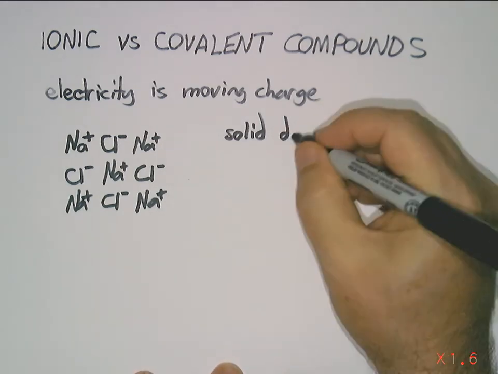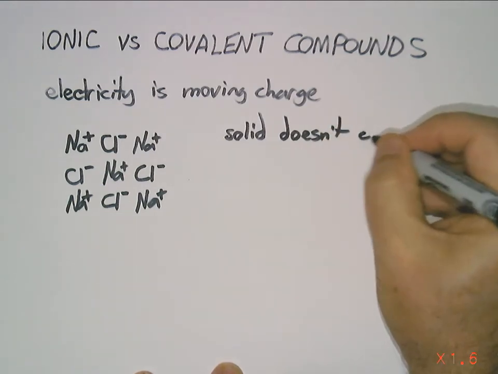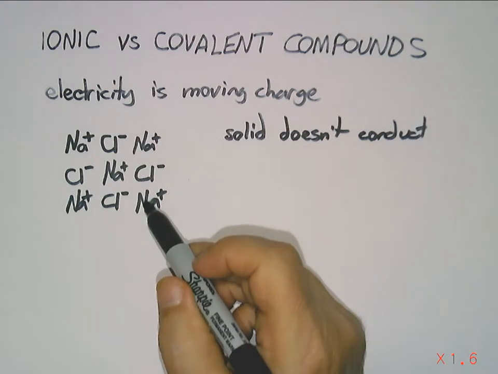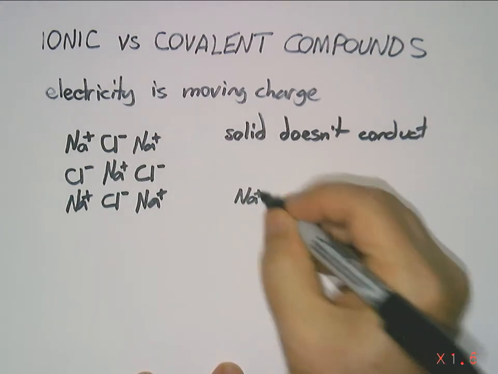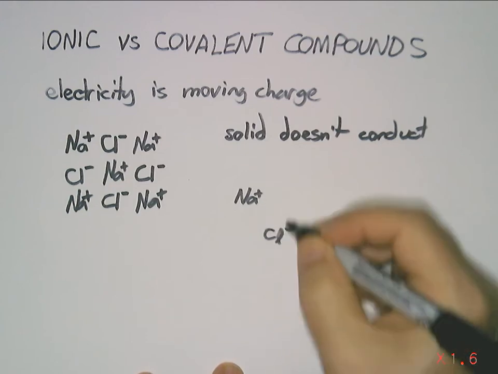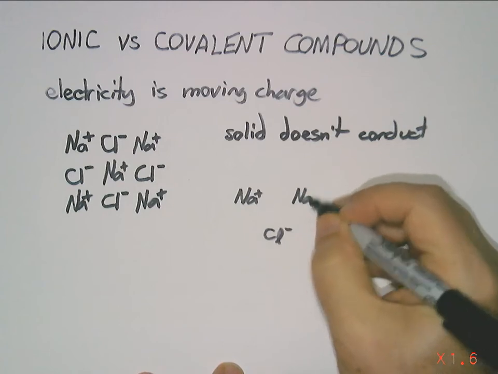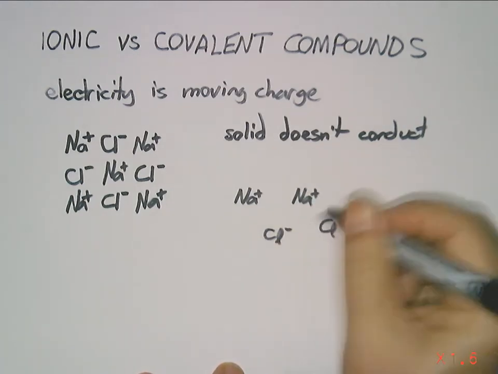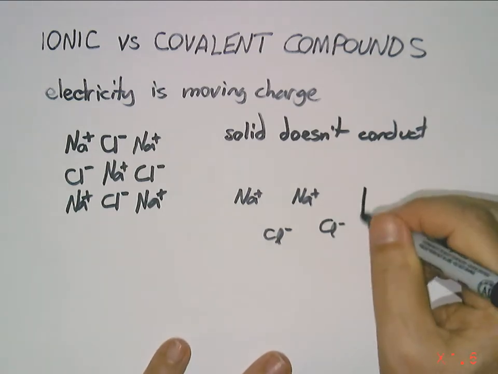So the solid doesn't conduct, but if you melt it so that you've got the chlorides all free from the sodiums, they're floating around free. They can move past each other now. They're not locked into place. You can get it to conduct electricity.